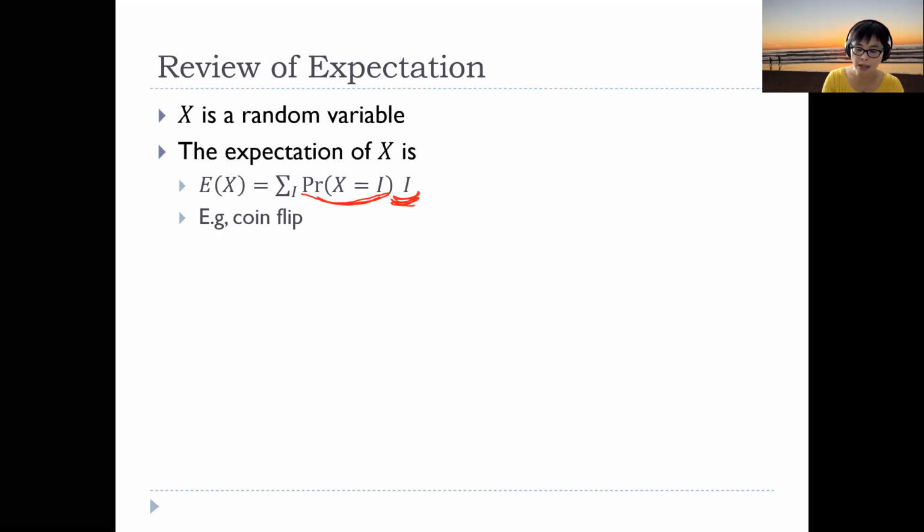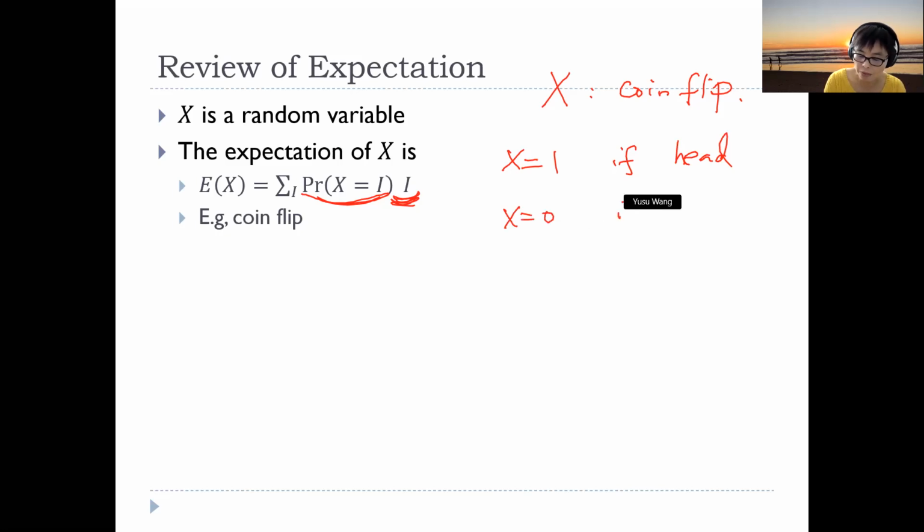Let's say X represents the coin flip. We say X equals 1 if it's a head, and X equals 0 if it's a tail. So this random variable has two values, 1 or 0.